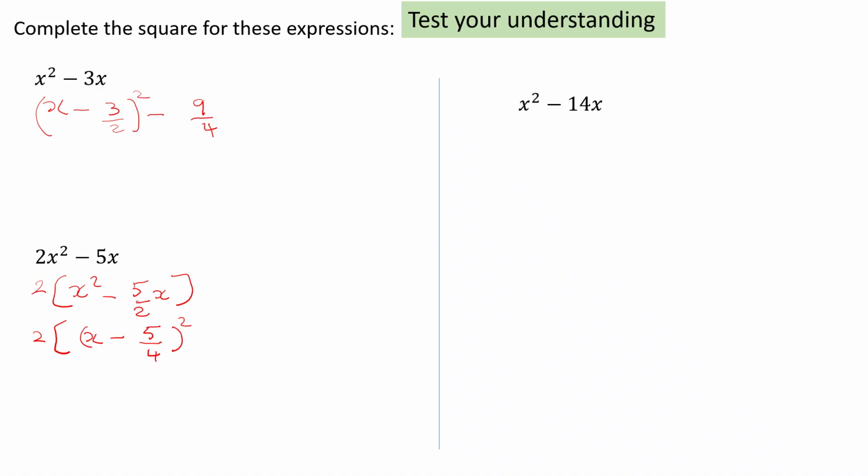Then square it. Then take away 5 over 4 squared, which is 25 over 16. Then put the bracket. Now expand, multiply by 2. So 2 times x minus 5 over 4 squared minus 25 over 8.